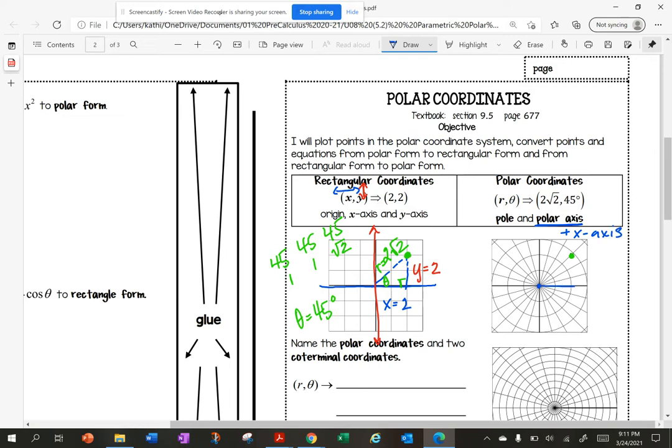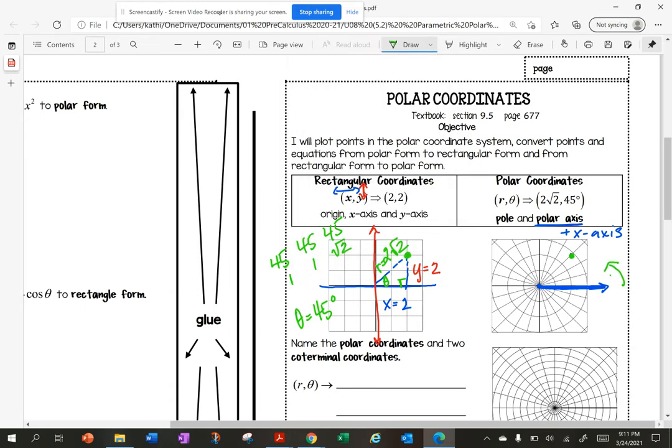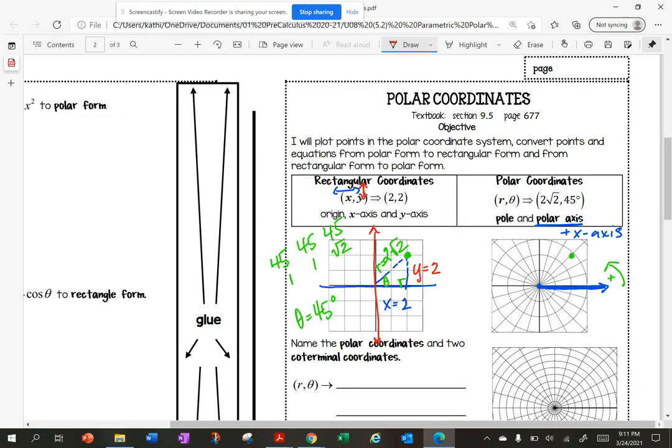Here's my polar axis. When I'm counting and rotating things, my positive direction is counterclockwise and my negative direction is clockwise.